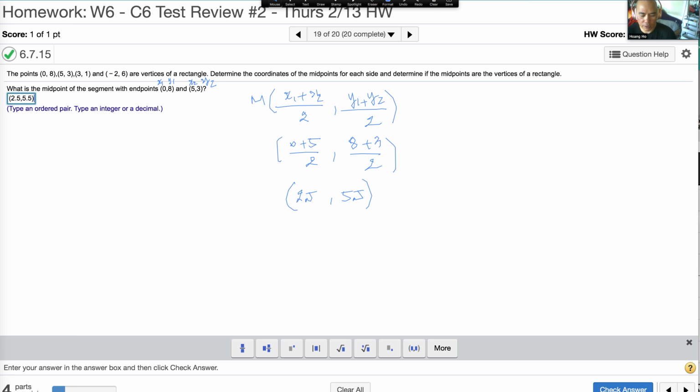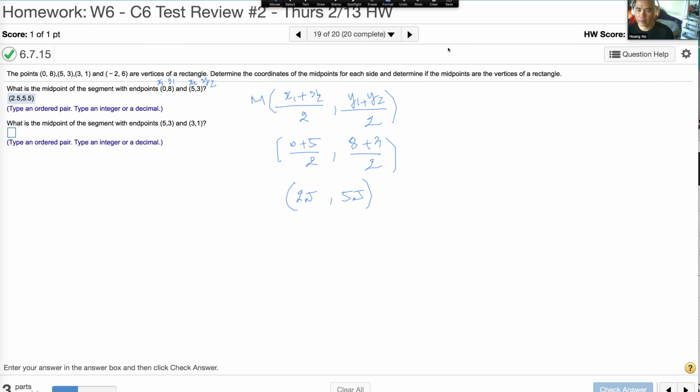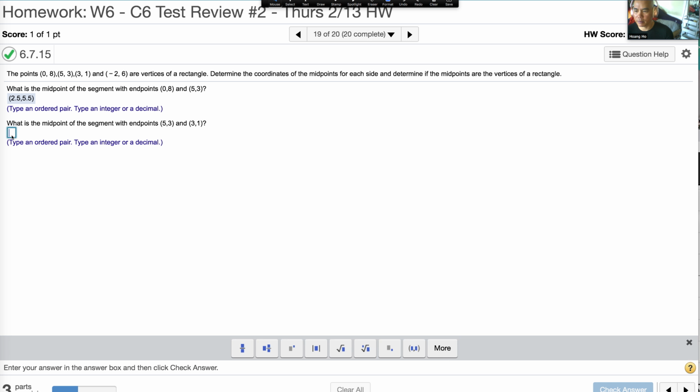You got one midpoint. The next midpoint, very similar: 5 add with 3, that's 8, 8 divided by 2, that's 4. 3 add with 1, that's 4, 4 divided by 2, that's 2.